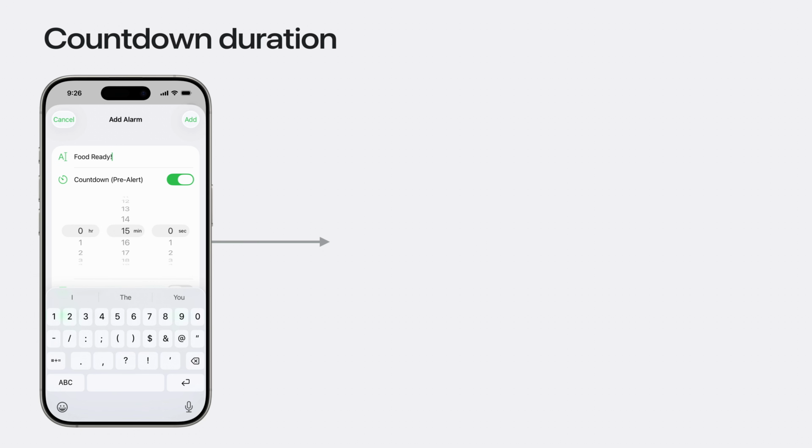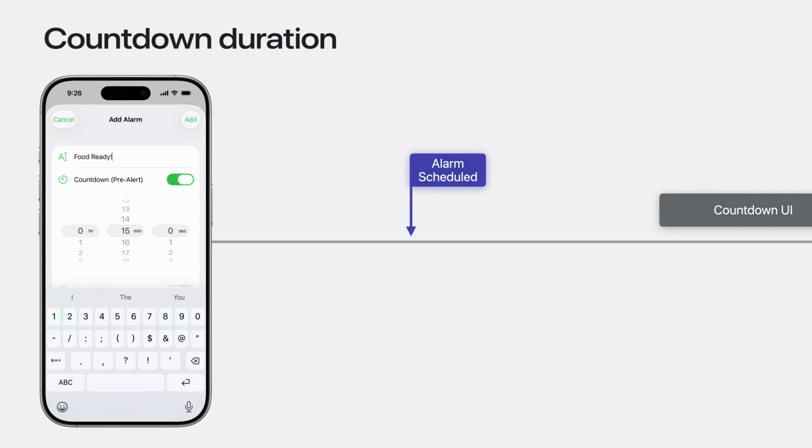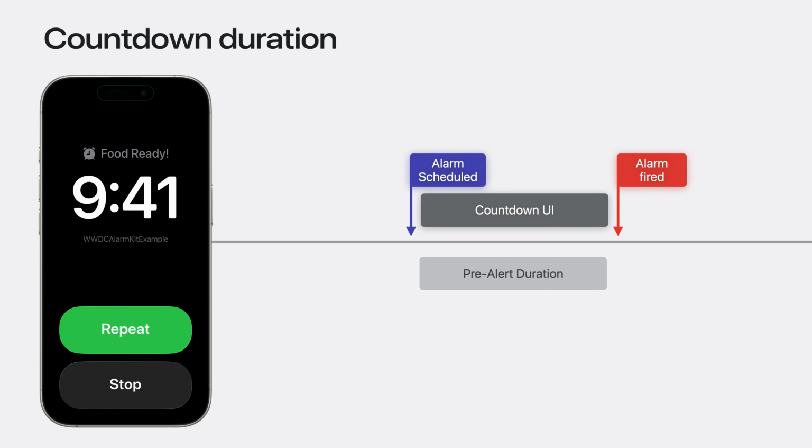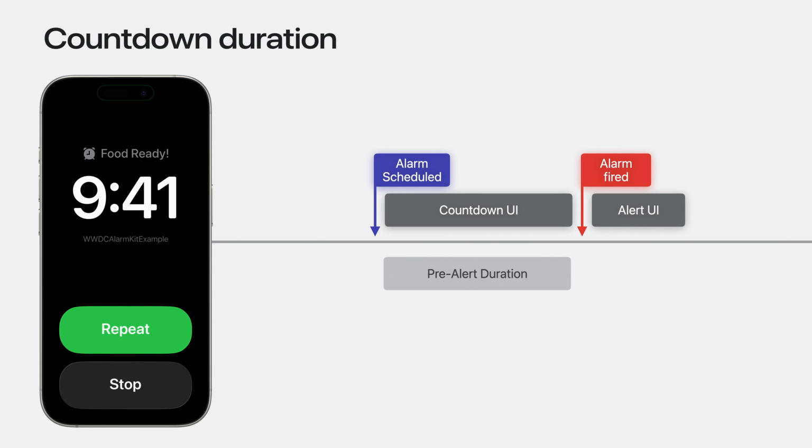An alarm can have a pre-alert and post-alert countdown interval. When an alarm is first scheduled, it will display the countdown UI, which will appear for the pre-alert countdown duration. When the pre-alert duration elapses, the alarm fires and displays the alert UI, customized with your configuration.